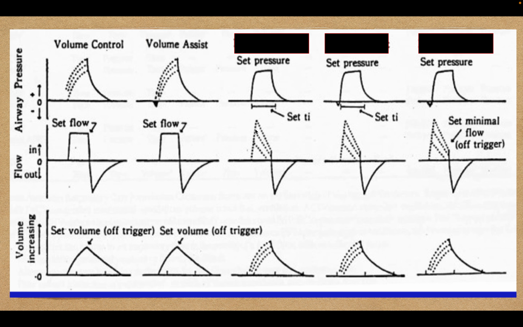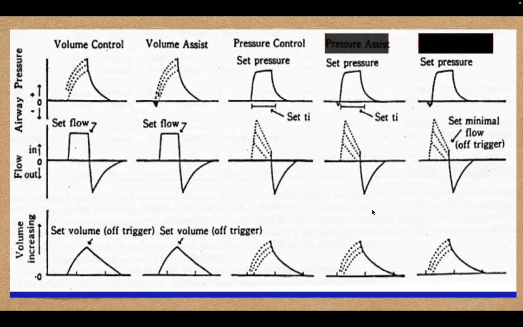Now the third graph, you will see that there is a decelerating flow, and there is a set pressure here without a negative deflection and variable tidal volume. So this has to be a pressure control mode. Whereas in this particular graph you can see a negative deflection. All other things are the same as the third one.